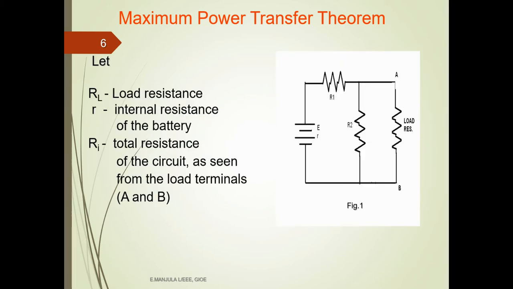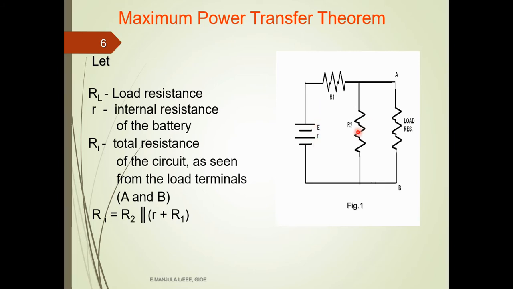So here, let RL be the load resistance, small r the internal resistance of a battery, and RA the total resistance of the circuit as seen from the load terminals A and B. RA is equal to R2 in parallel with R1 plus R. We know that the source should be replaced with its internal resistance.